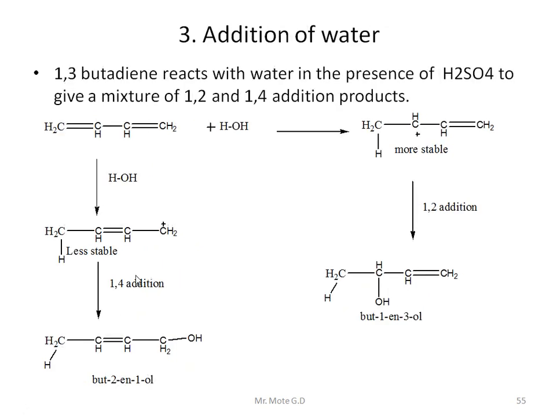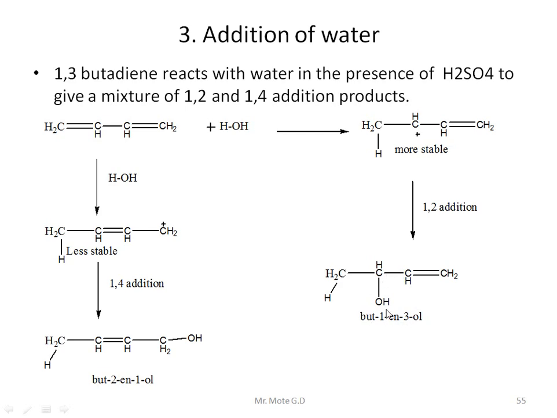Addition of water, 1,2 addition, to form butan-3-ol. H goes to there, OH goes to there. If H goes to there, it will produce the more stable carbocation, and OH attaches to there to form but-1-en-3-ol.